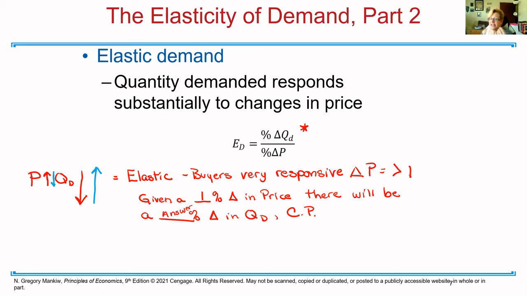Okay, so that is elastic demand, meaning buyers are very responsive to changes in price. And if it's greater than 1, it will be elastic.